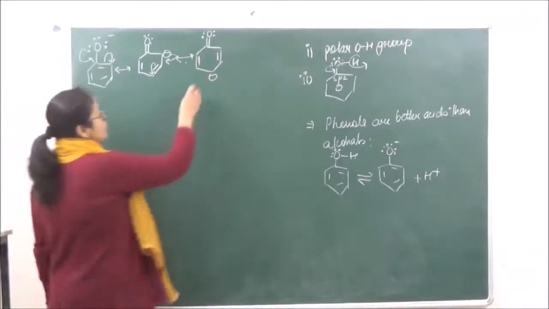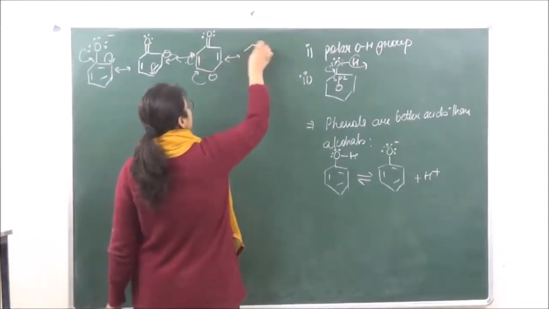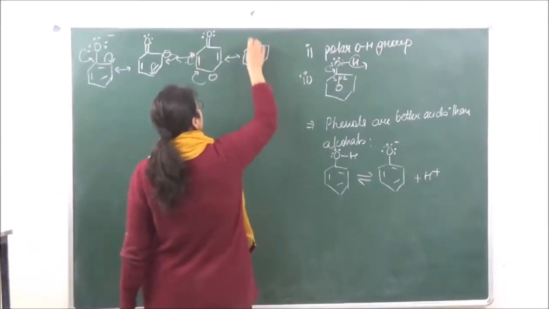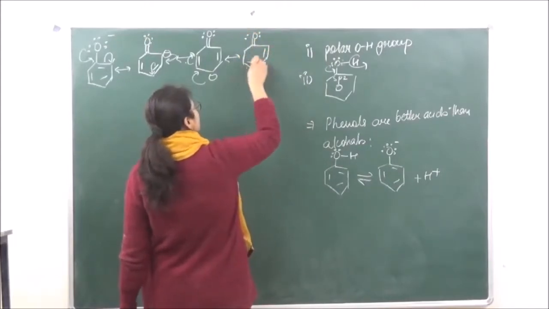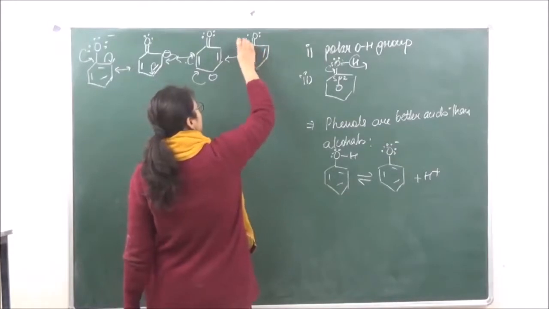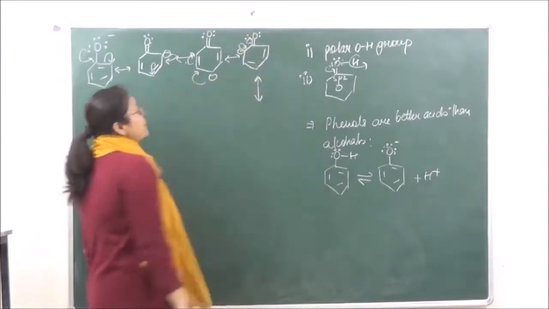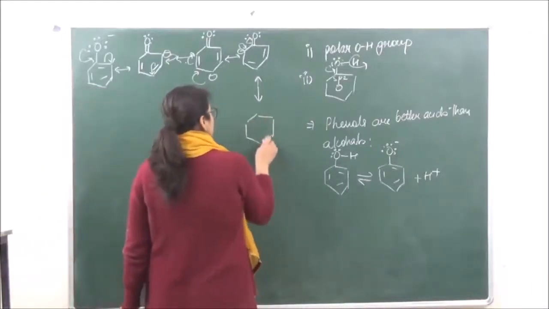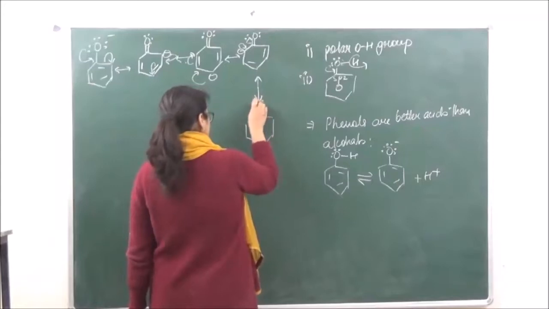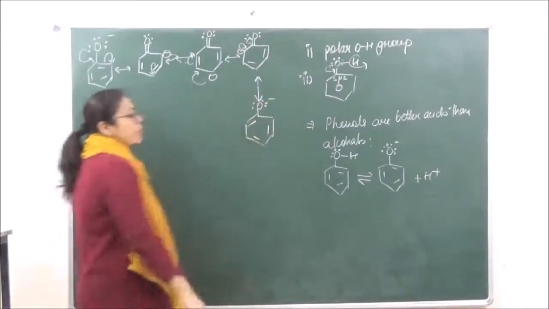Okay. Then after that, this will go here, and this will go here. And the final structure which we are going to get over here is going to be this.